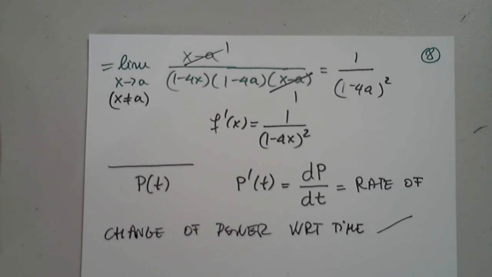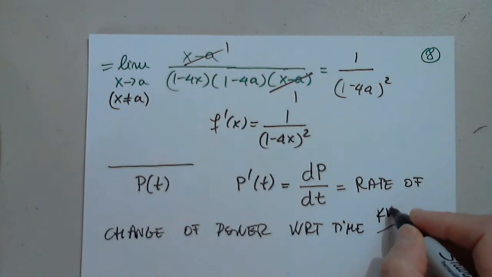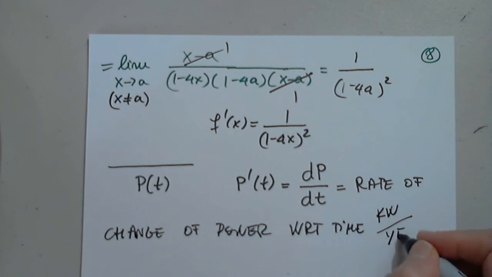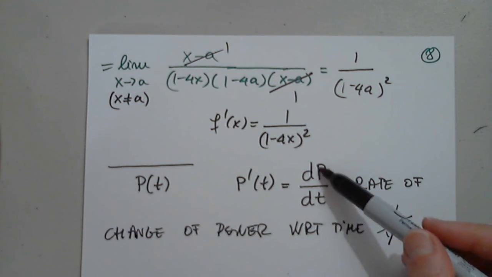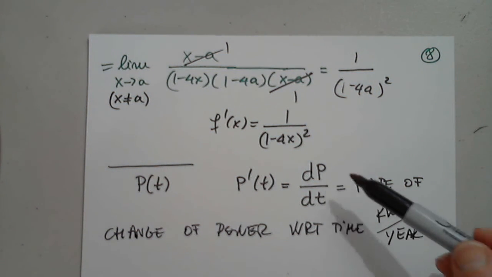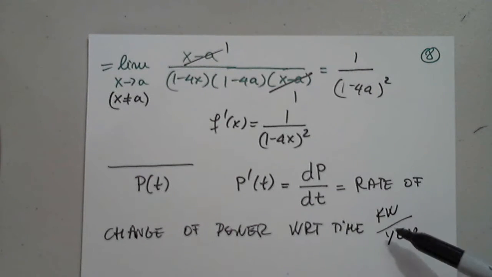They are not giving us measurement units. I don't know, kilowatts or watts per year. I'm not sure. I'm just going to write something. I'm assuming kilowatts per year. But since it's a ratio, it has to have two measurement units, one coming from the top, one coming from the denominator.